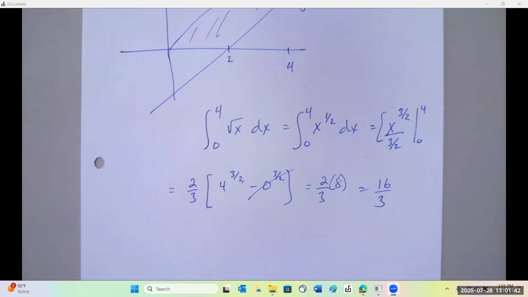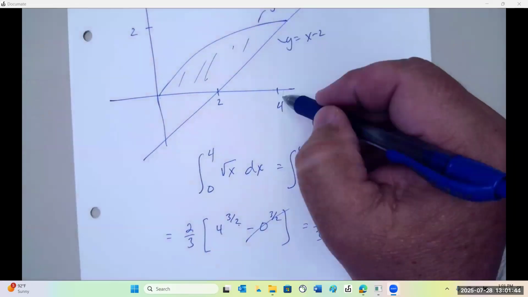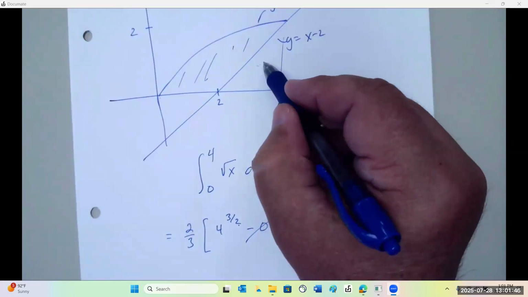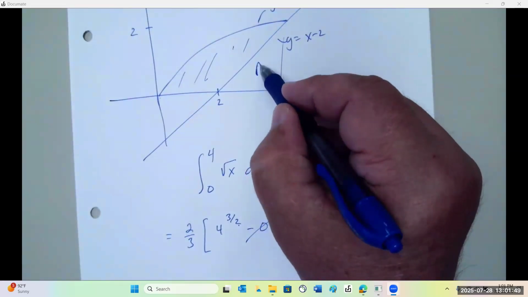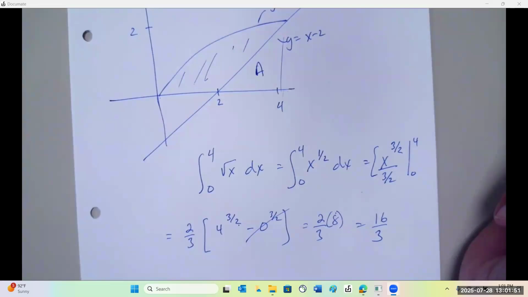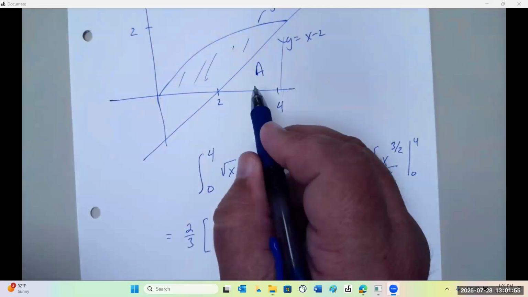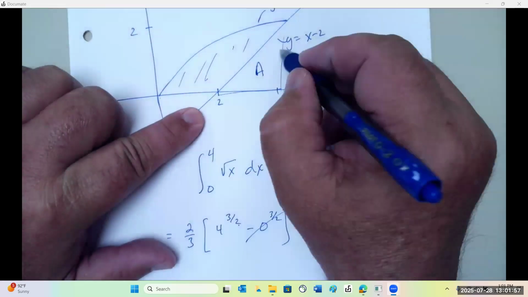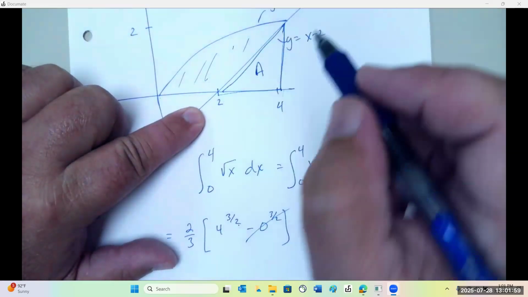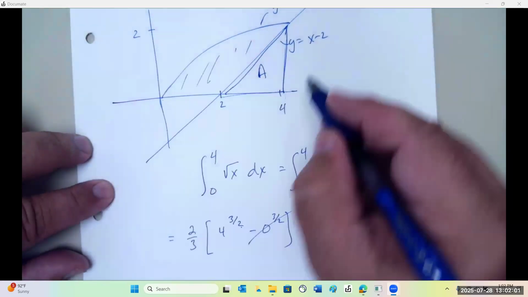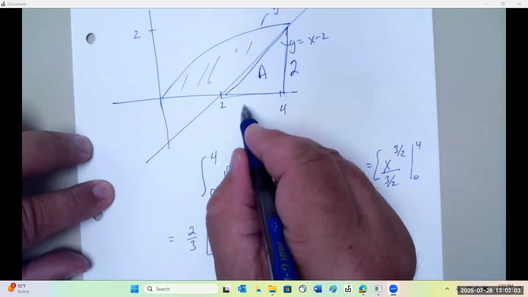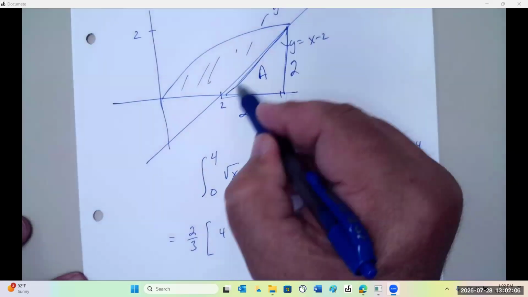Okay, what's wrong? I did the whole thing here. We don't need this part. So what's the area of this part? Well, it's not g of x. This is just a triangle. It's 2 units high, 2 units wide. It's cut in half.